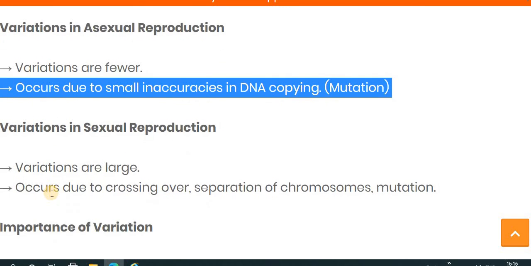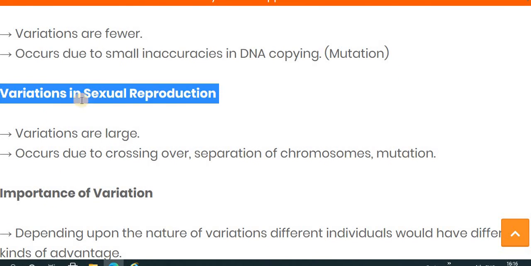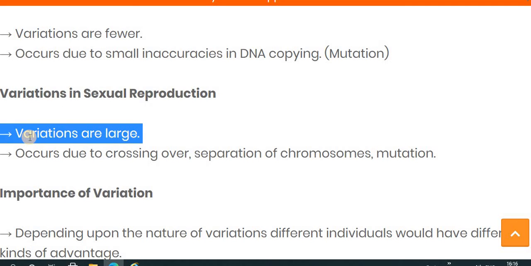Now the next one: how does variation occur in sexual reproduction? The variation is large because in sexual reproduction two organisms participate, male and female. So the chance of difference is much larger than in asexual reproduction, because in asexual reproduction only one organism takes part, so the chance of variation is very small.